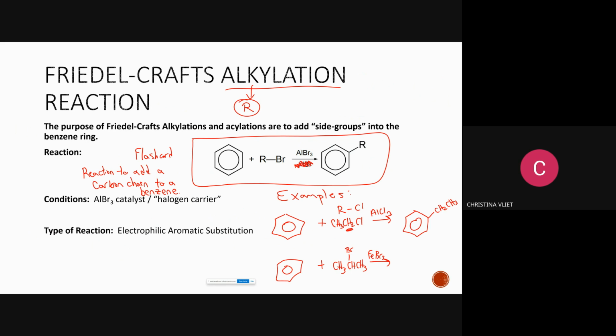So then what would our product be for this one? CH, right? CH3, CH3. I'll give you some time to see if that makes sense, how I did that. So I'm attaching wherever that halogen was at, that's where I'm attaching the carbon chain to the ring.